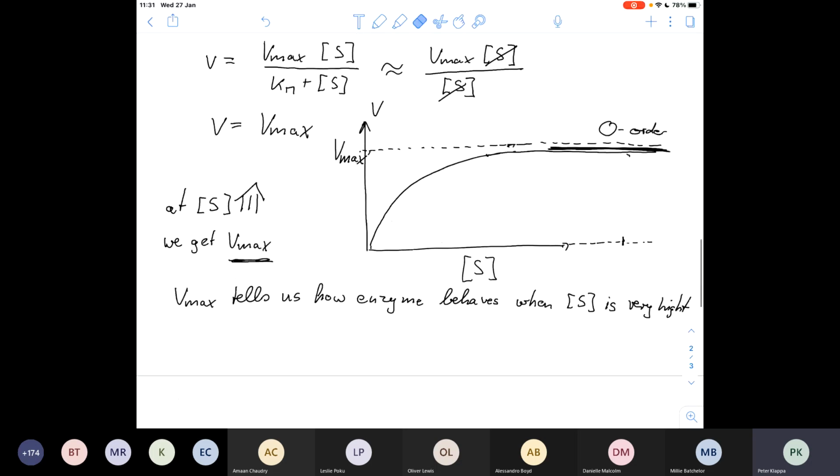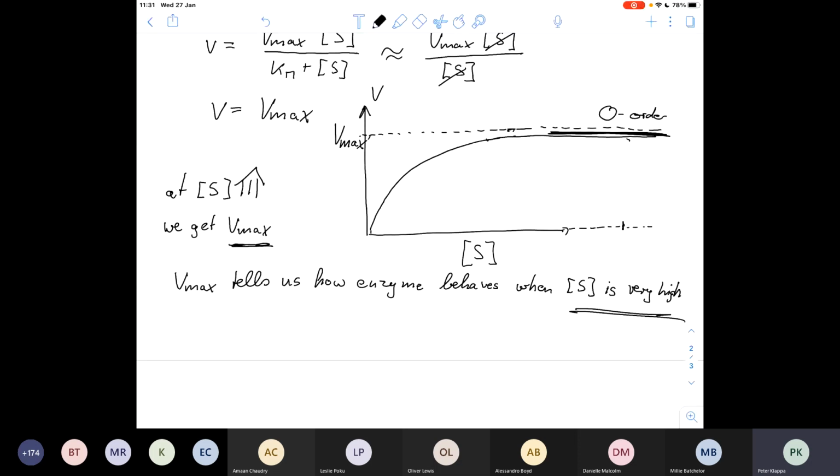Actually, it's not exactly true. Will we actually ever reach Vmax? Is it possible to reach Vmax? Absolutely right. We will never be able to fully reach Vmax. It's never possible.